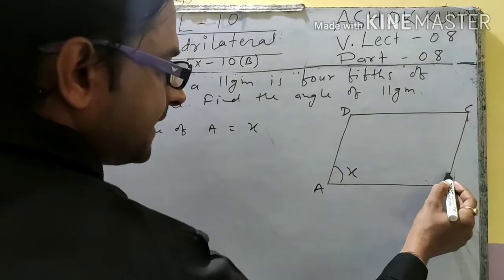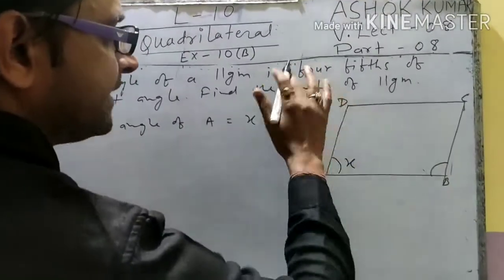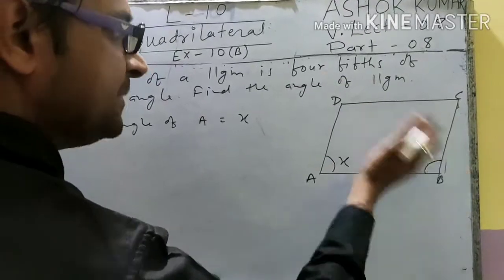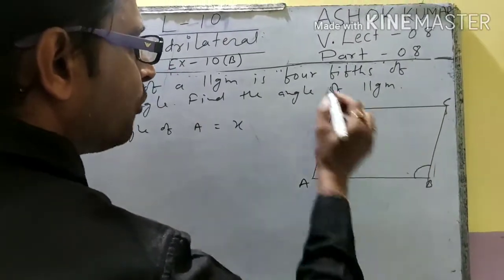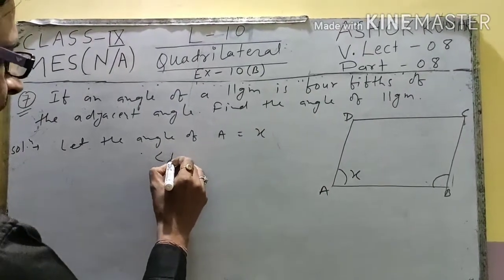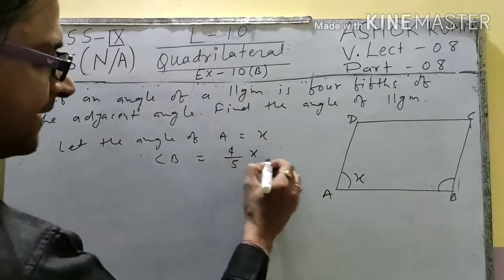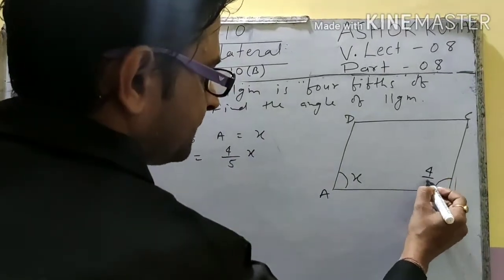Then the adjacent angle is either B or D, which is not mentioned, so we can take either. This is 4/5 of it. So angle B is equal to 4/5 of x.